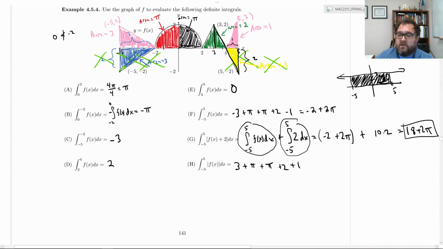So notice it almost looks exactly like this, except we're not subtracting anything because we have reflected those regions that were negative, the blue triangle and the yellow triangle, above the x-axis and now made them positive. So we're still going to have that 2 pi since there are 2 positive pi's, but now we have 3 plus 2 plus 1, so 3 plus 3, so we have 6 plus 2 pi.